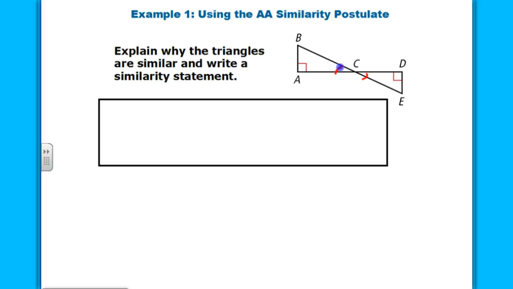They're vertical angles, okay? So anytime 2 segments intersect, those angles that are across from one another are vertical angles and they're congruent, okay? And then I heard you saying we also know about these right angles, right? We know angle A and angle D are congruent. So we have 2 angles that are congruent in these triangles. So what can we say about angle B and angle E?